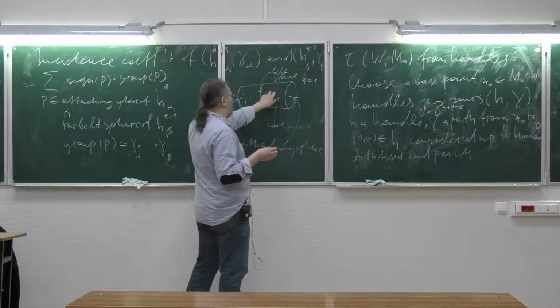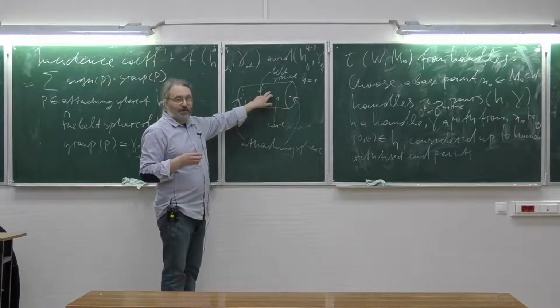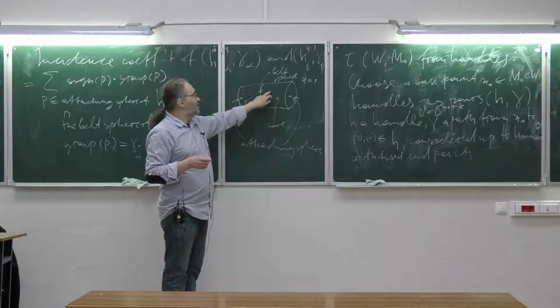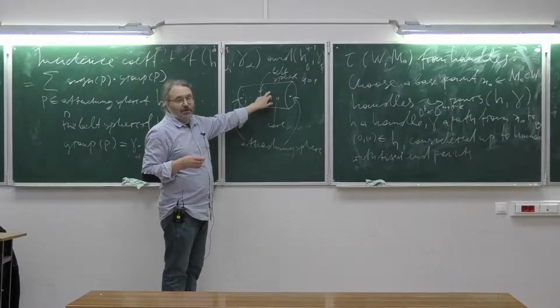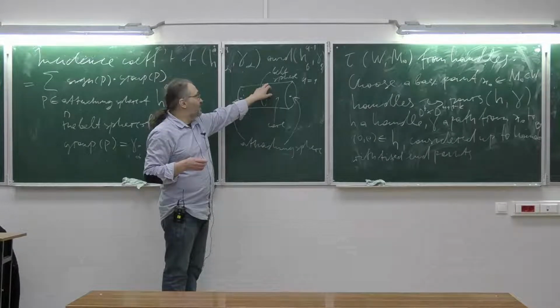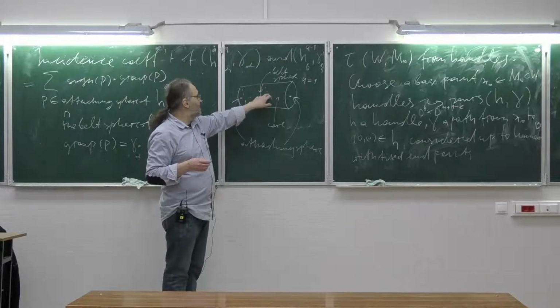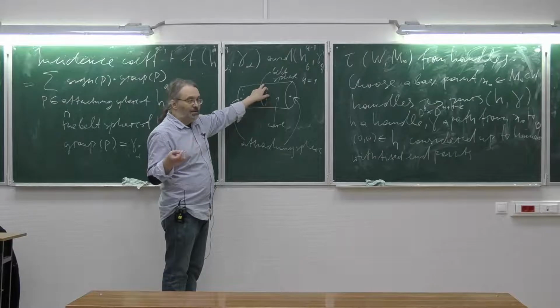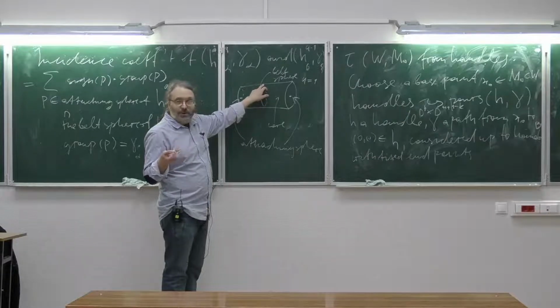We arrive somewhere inside the handle. Then we go to the intersection point with the belt sphere of the lower index handle.